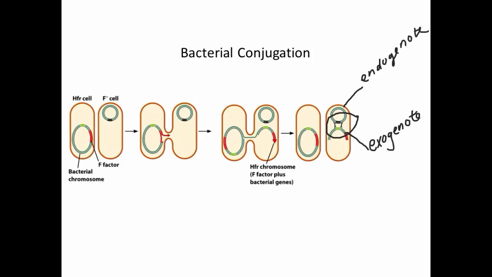And so at this current stage, the cell has two copies of one segment of the DNA. One copy is part of the endogenote and the other copy is part of the exogenote, resulting in what's called a partial diploid or meriploid.